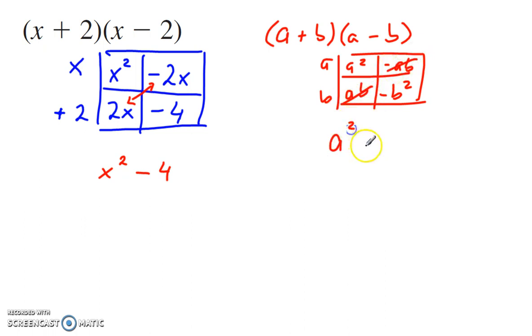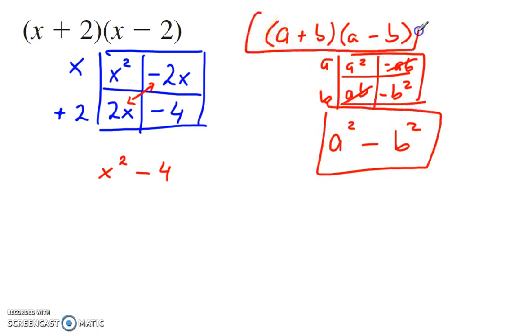You get a squared minus b squared. So if you have conjugates, where you have the sum and then the difference of a and b, then you just take the first term squared minus the second one squared. There you go.